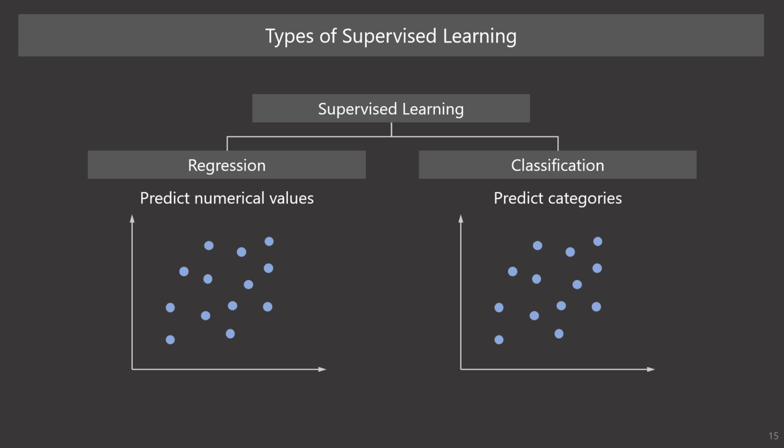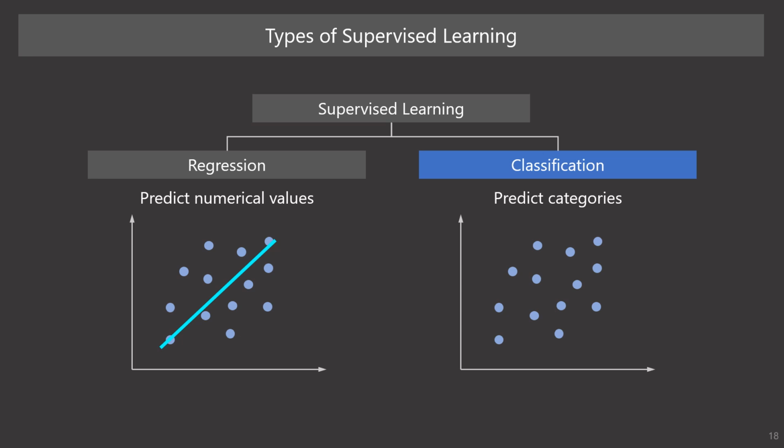Supervised learning can be classified into regression and classification. Regression is used when the label is a numerical variable. So, the purpose of regression is to predict a value of a numerical variable. A regression model is used to find an optimal line to approximate the relationship between predictor variables and the outcome.